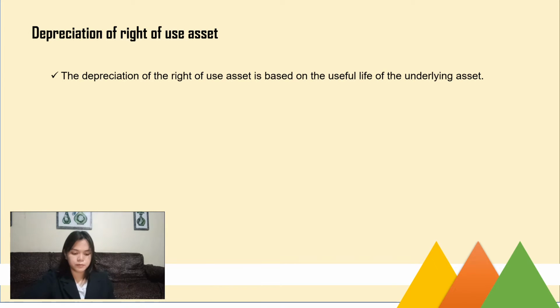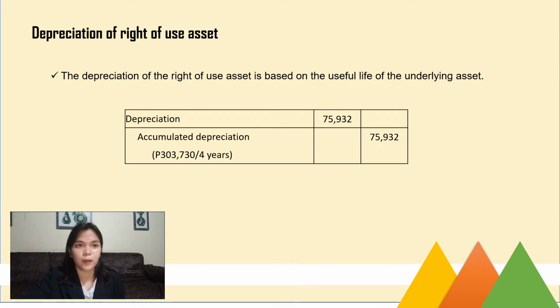So accordingly, the annual depreciation of the right of use asset is normally recorded by debiting depreciation amounting to 75,932 and crediting accumulated depreciation amounting to 75,932. So paano ba natin nakuha tong amount na to? So we just need to divide the present value by 4 years. So 303,730 divided by 4 years is equals to 75,932.